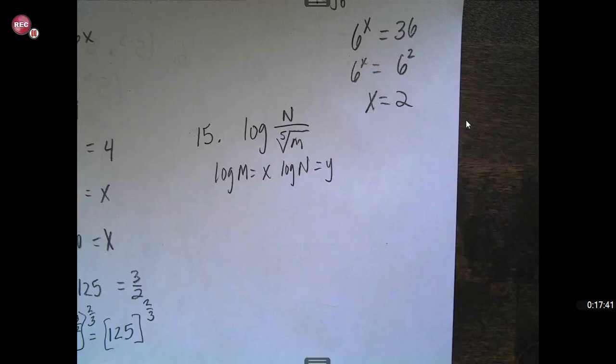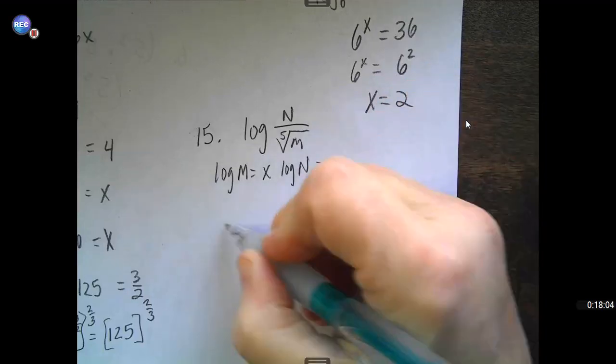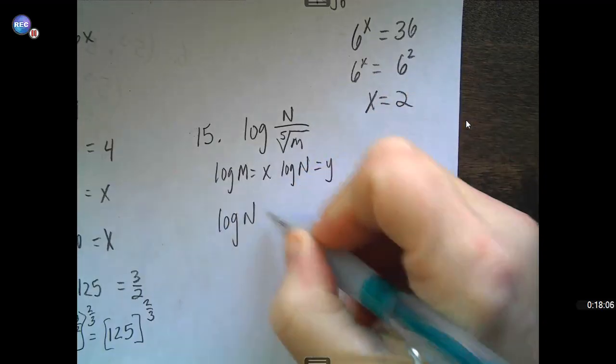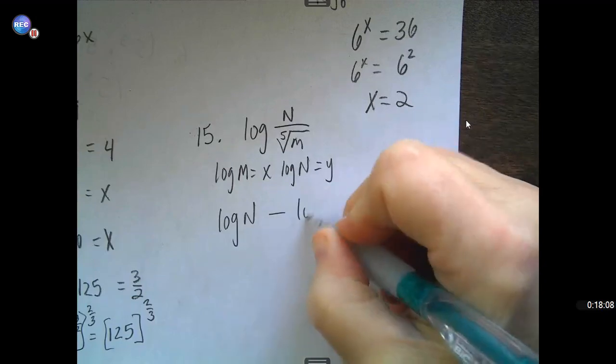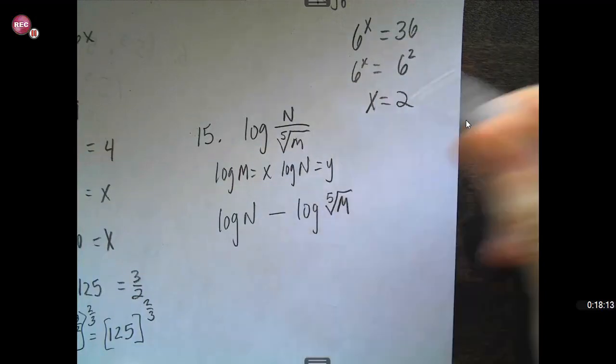So what that's telling me to do is I want to apply all the laws of log and separate those things out. So I want to make this log n minus log of the fifth root of m.